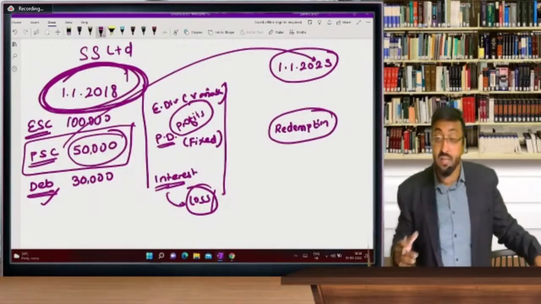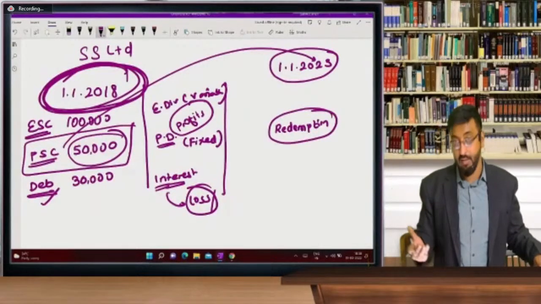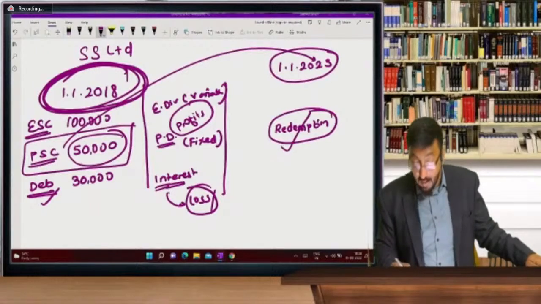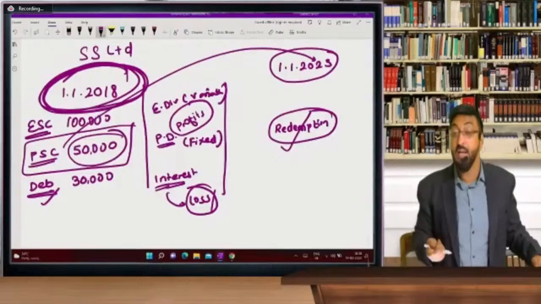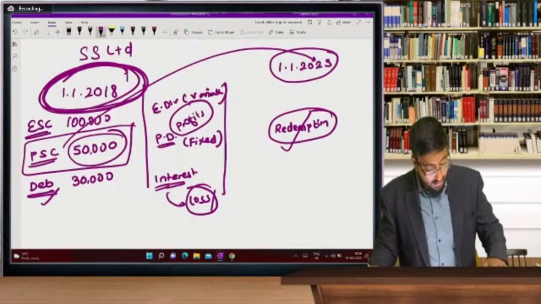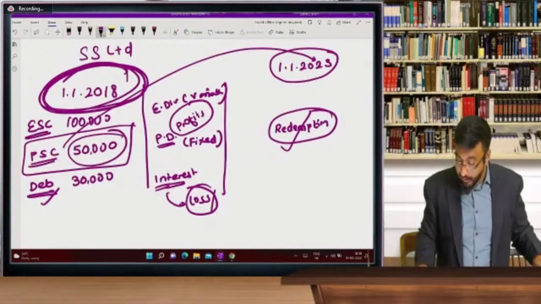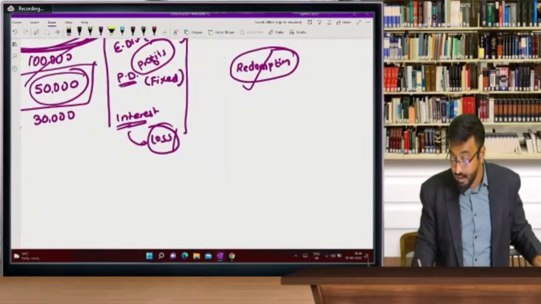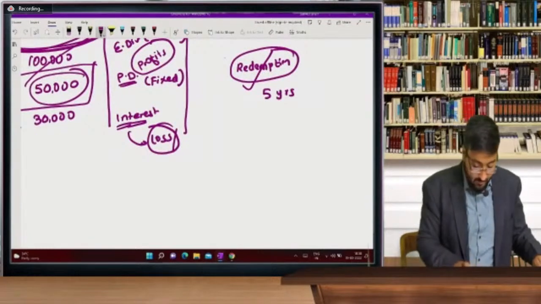Redemption means to give it back, to return the money, and in advance you decide it. In advance you will decide, I will return your money after 5 years.